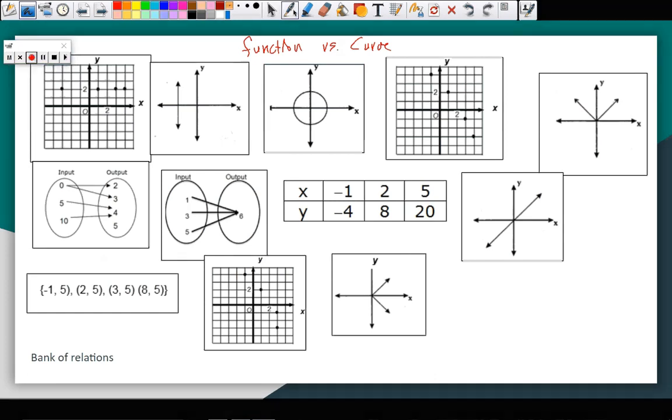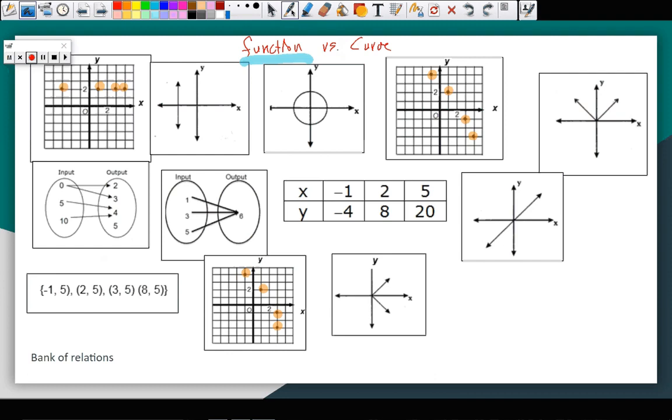Okay, so let's talk about a function versus a curve. A function must pass what? The vertical line test. Thank you. A curve does not have to pass the vertical line test, okay? If you can't see it from the back, I have these discrete points, and these discrete points, and these discrete points.